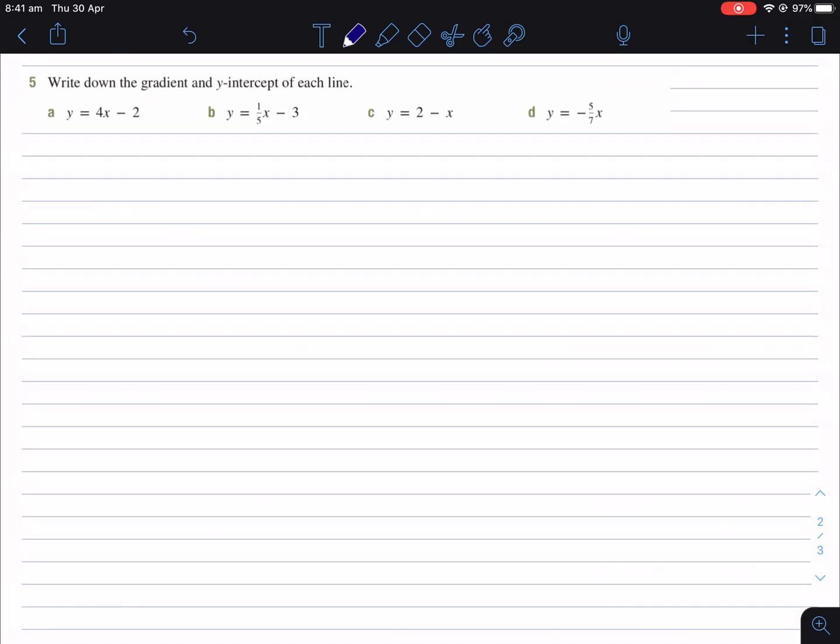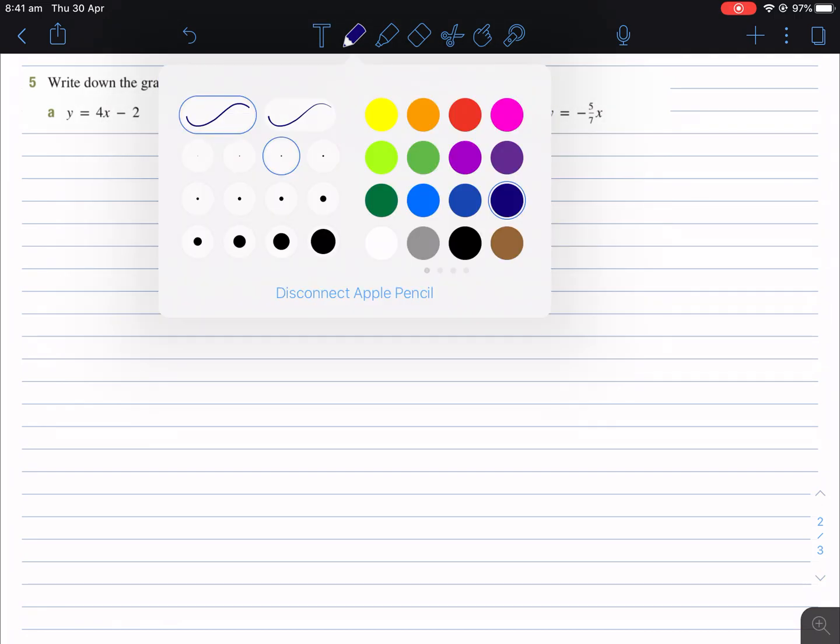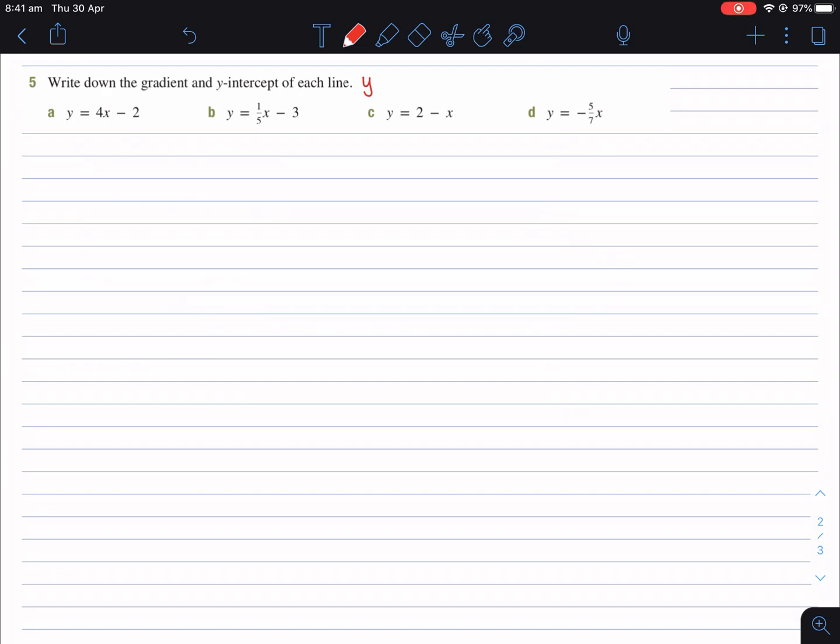Gradient and y-intercept. Now, the beauty of this is all of these lines are in the form y equals mx plus b, where m is the number in front of x and it's the gradient, and b is the y-intercept.